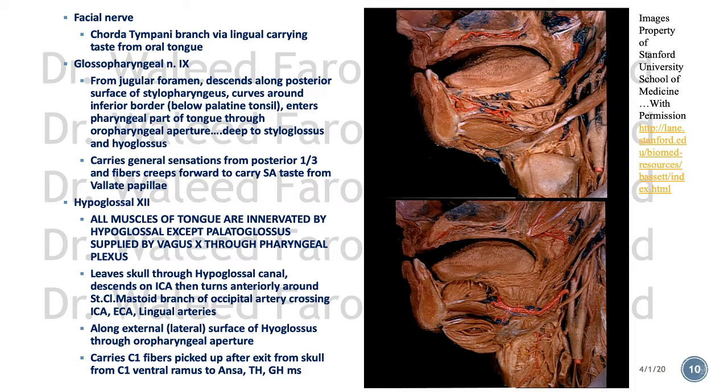Now, the glossopharyngeal nerve carries general somatic afferents, that's general sensation. Like we said with the lingual, it carries general sensation from the anterior 2/3 plus the taste. And glossopharyngeal carries taste from the posterior 1/3, including the vallate papillae, and general sensation from the posterior 1/3 as well. Okay.